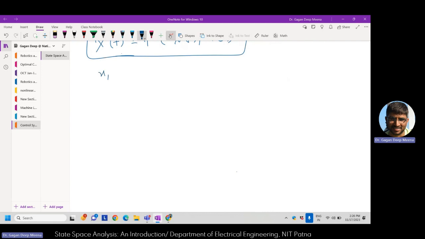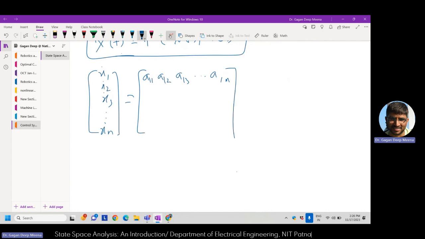I can write it as x1 dot, x2 dot, x3 dot, going on till xn dot, as one column vector, equals a11, a12, a13, going on till a1n, and then a21, a22, a23, till a2n.